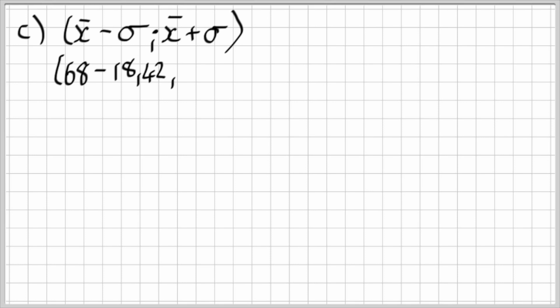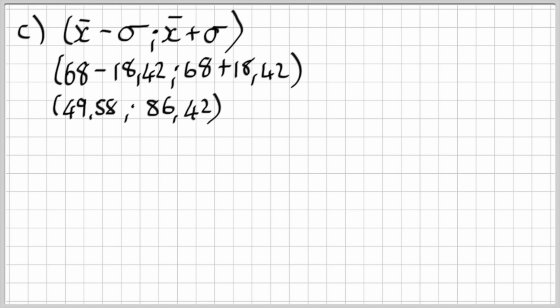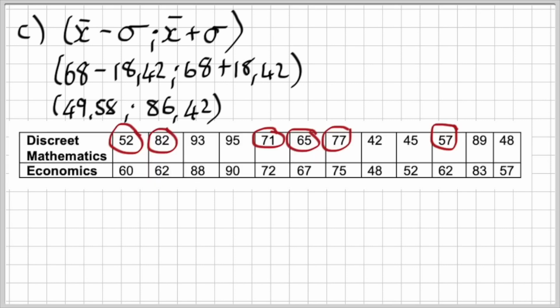Remember, your x bar, or mean, is 68, while your sigma is 18.42. If I calculate this, the bottom boundary is 49.58, while your top boundary is 86.42.